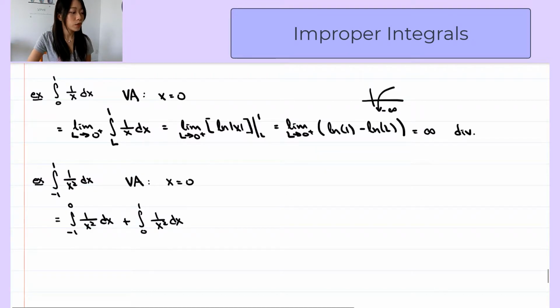So now we have two improper integrals with discontinuity at the bound. The first integral has a discontinuity at the right bound, and the second integral has a discontinuity at the left bound.